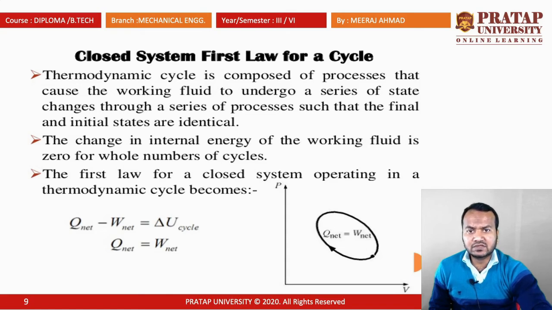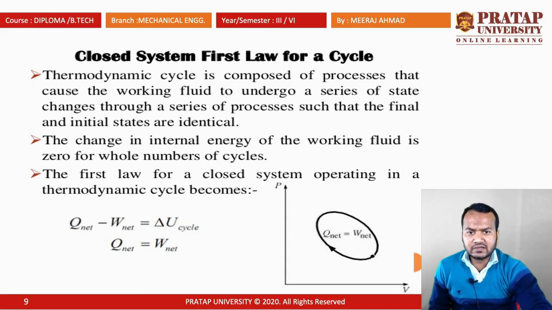Now we are going to discuss the first law of thermodynamics for a cycle. The closed system first law for a cycle. A thermodynamic cycle is composed of processes that cause the working fluid to undergo a series of state changes through a series of processes such that the final and initial states are identical. You can see that a cycle requires a minimum of 2 processes, and its initial and final points should be identical.